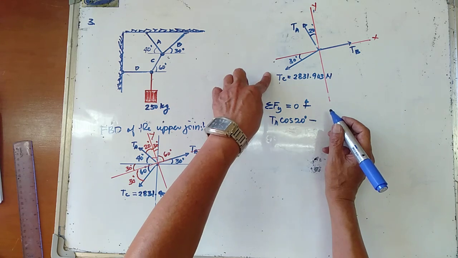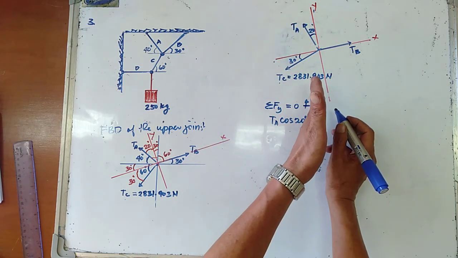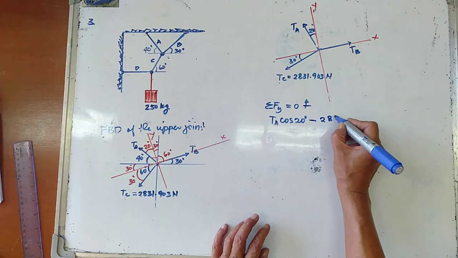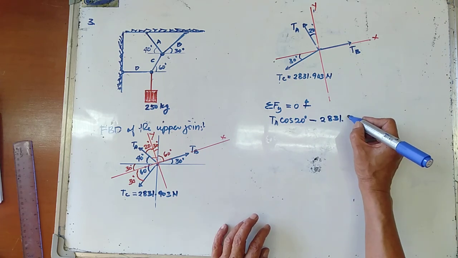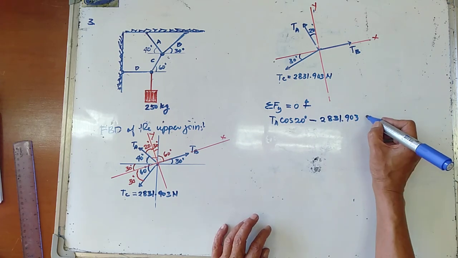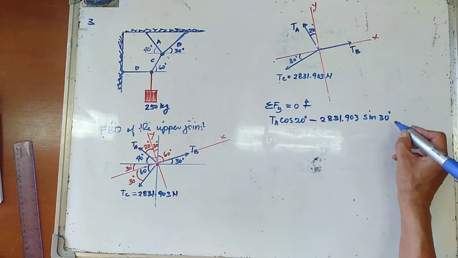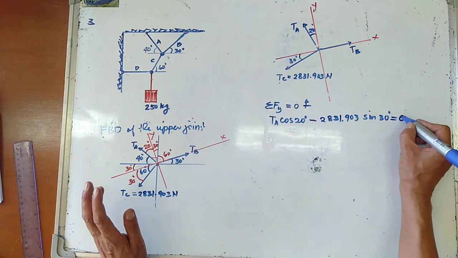Minus TC, because that is going downward, the y component, minus 2831.903 sine of 30 degrees, and that is equal to 0.